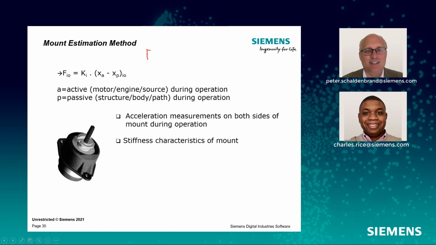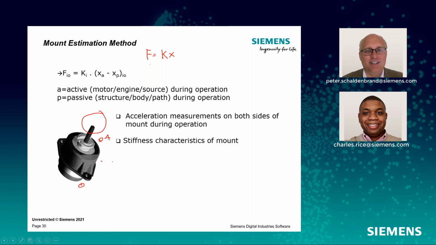We know, I think it's Hooke's law from quite some time ago, F equals Kx, displacement times spring rate gives us the force. So rather than put a load cell in, we can easily mount accelerometers on each side of a mount. On one side, we'd call it the active side where the motor is, with lots of vibration.